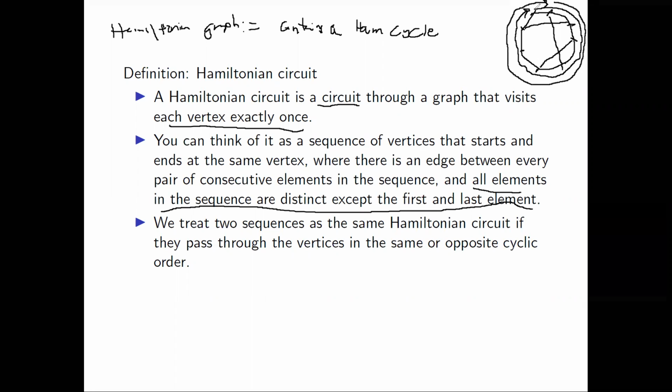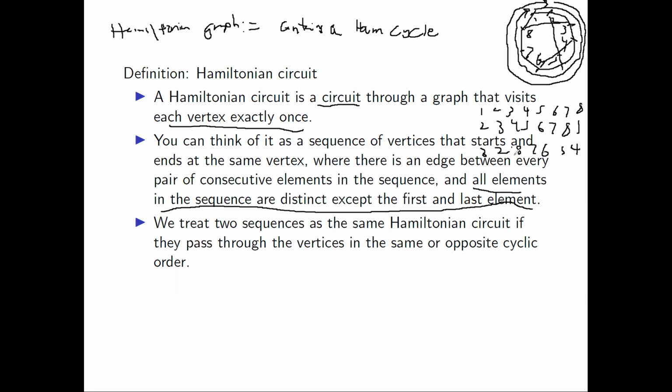So if these vertices were labeled 1, 2, 3, 4, and then let's call the other ones 5, 6, 7, 8, one of our Hamiltonian cycles was 1, 2, 3, 4, 5, 6, 7, 8. And the other Hamiltonian cycle was 2, 3, 4, 5, 6, 7, 8, 1. And we could also go counterclockwise. So we could go, for example, 3, 2, and then 8, 7, 6, 5, 4.